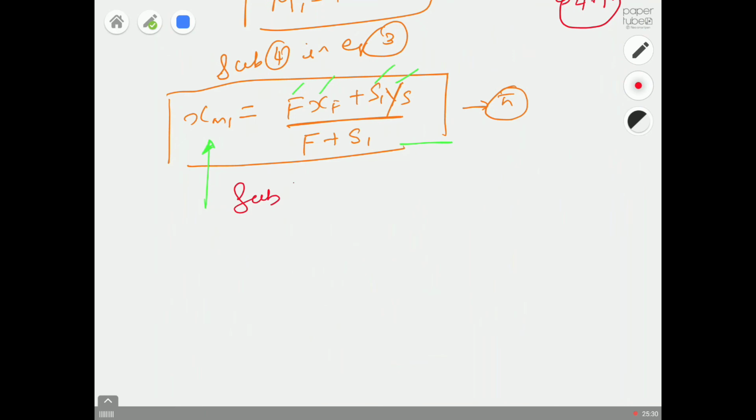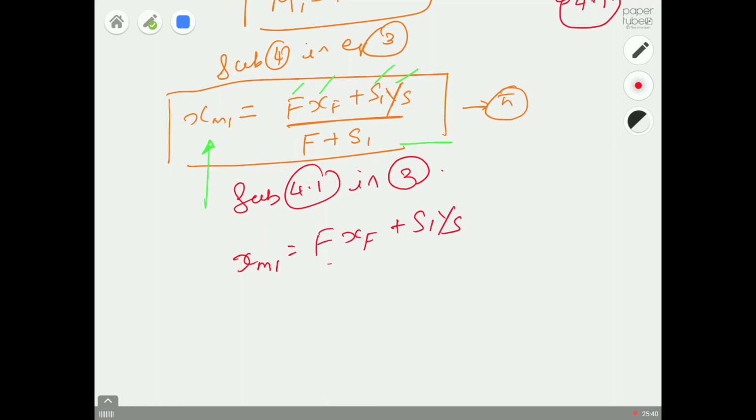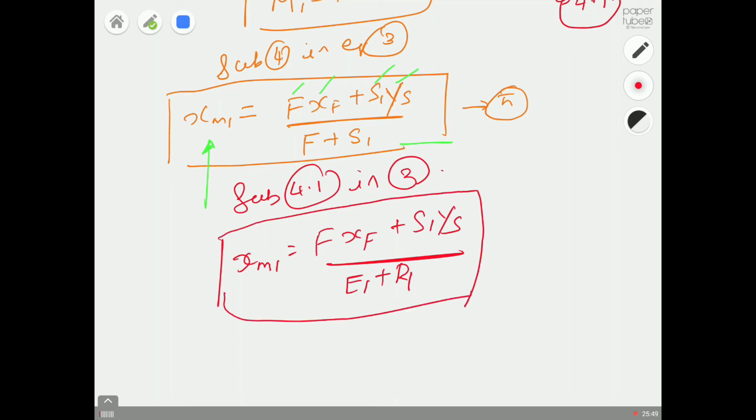So substitute 4.1 in 3. What we get is xm1 is equal to fxf plus s1 ys divided by E1 plus R1. Let's give this as equation number 5.1.